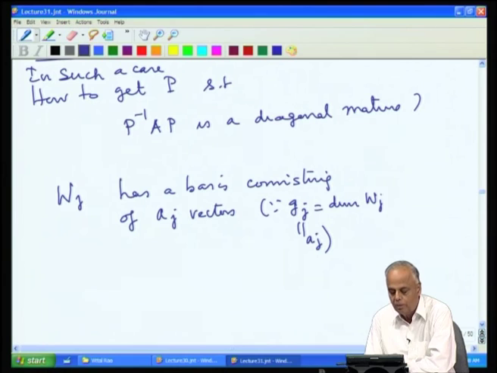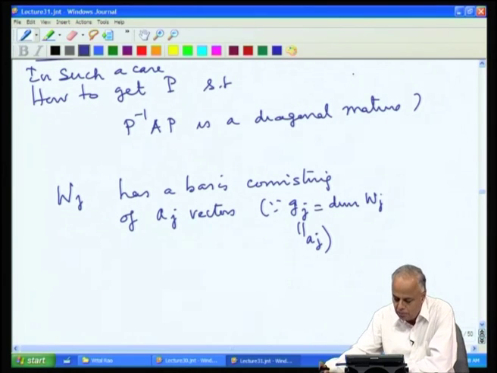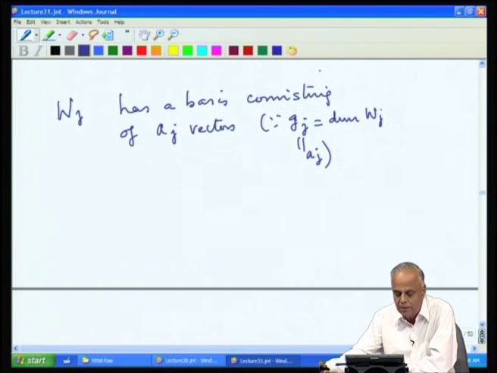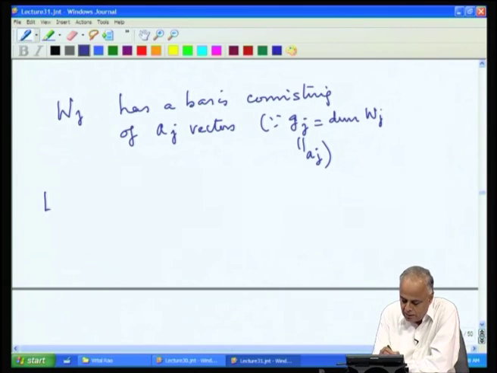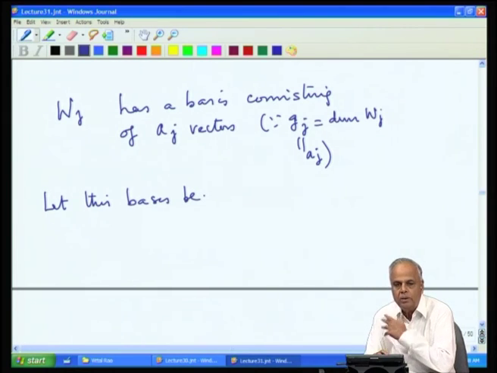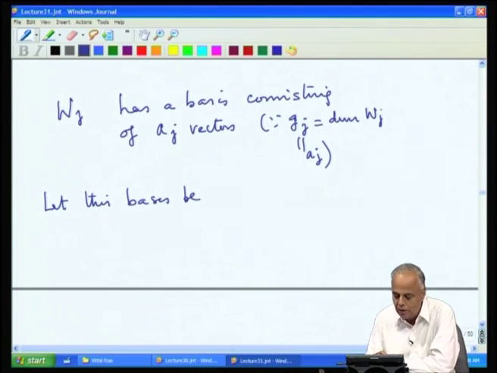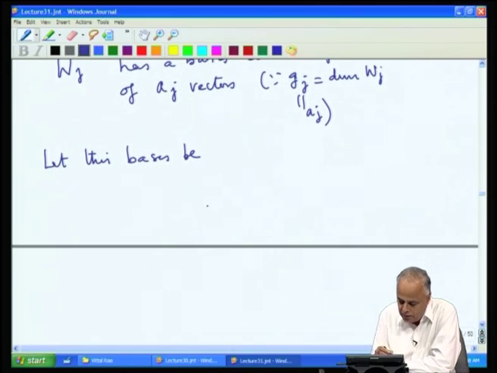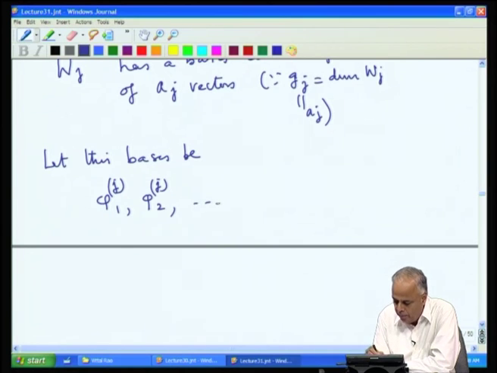We are assuming that the geometric multiplicity is equal to the algebraic multiplicity. So, it has a basis consisting of a j vectors. Let this basis be phi j 1, phi j 2 up to phi j a j. So, we always find the eigenvalue first, then we find the null space, then we find the basis for the null space.